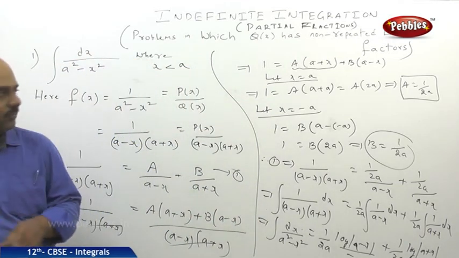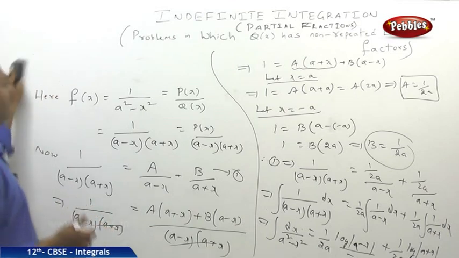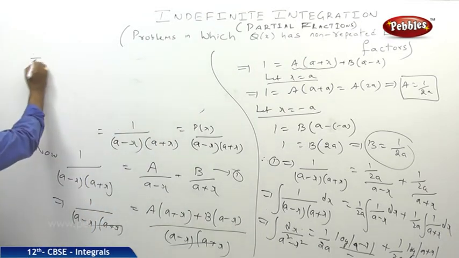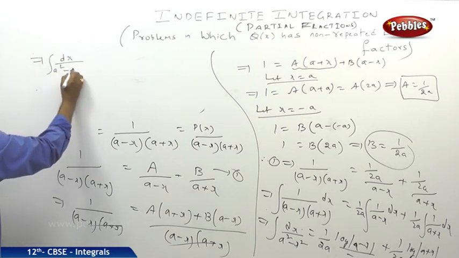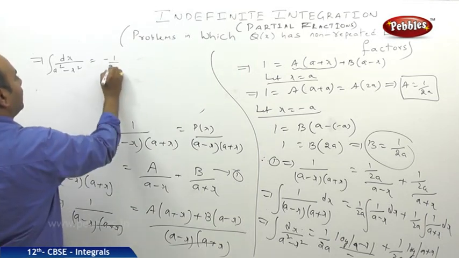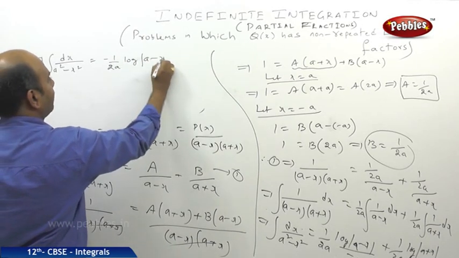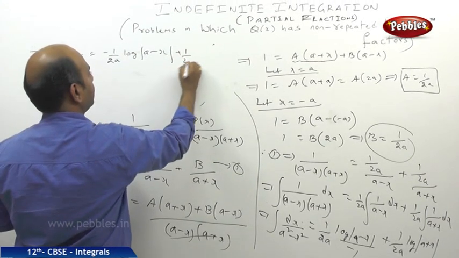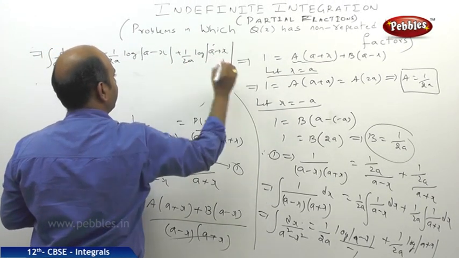So finally, simplifying the last thing, the integral of dx by a square minus x square is equal to minus 1 by 2a log mod (a minus x) plus 1 by 2a log mod (a plus x).